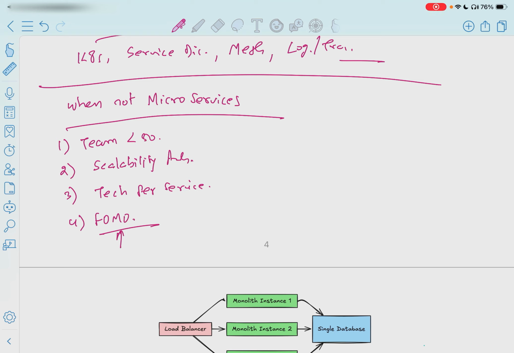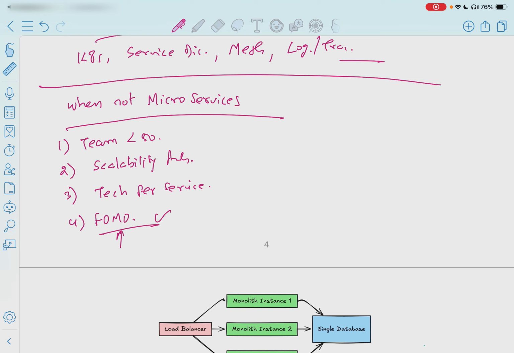No, because whatever problems Netflix is facing today, you might not be facing those challenges. And whatever solution Netflix comes up with to resolve those challenges, maybe you do not need those kinds of solutions at all, right? So never pick a technology based on FOMO.